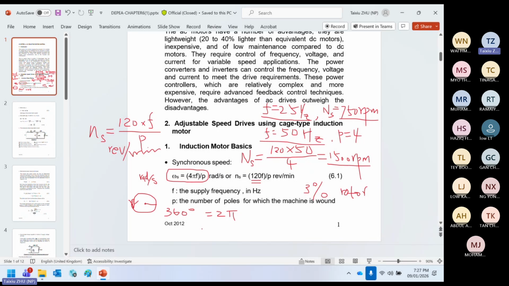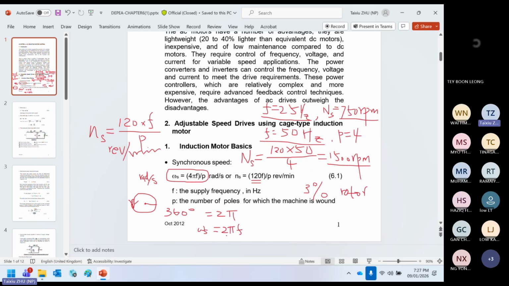Then you can tell omega s. Now this omega s is 2 pi f divided by p. So this is the radians per second.